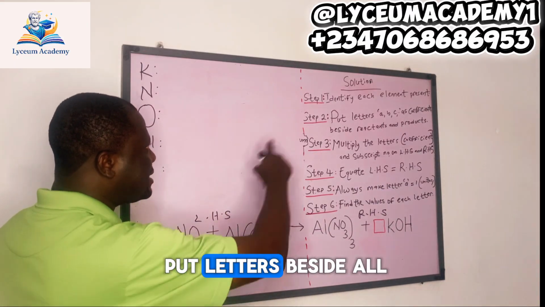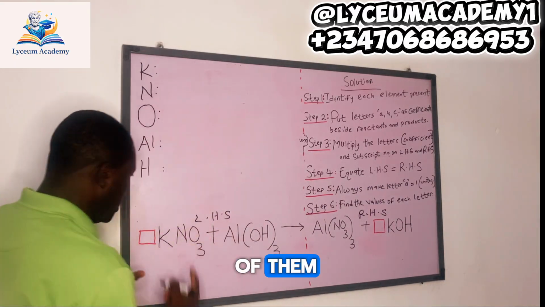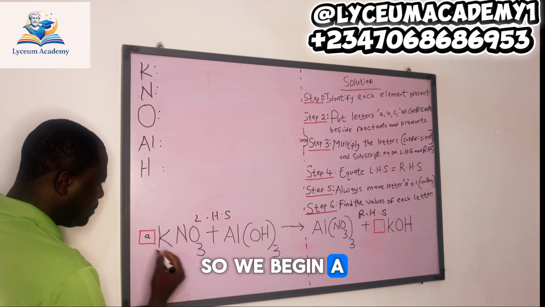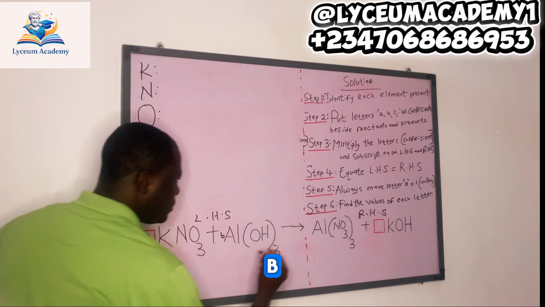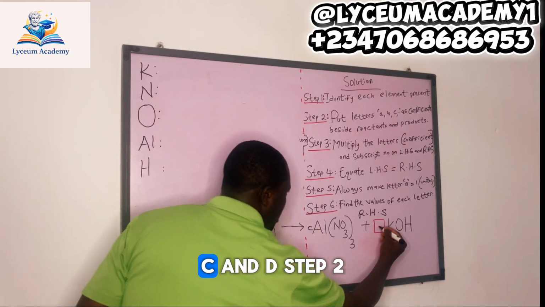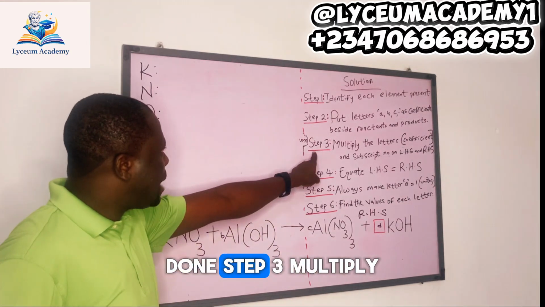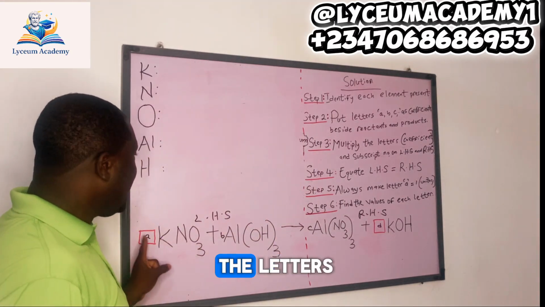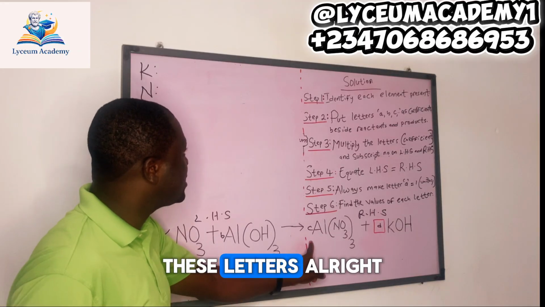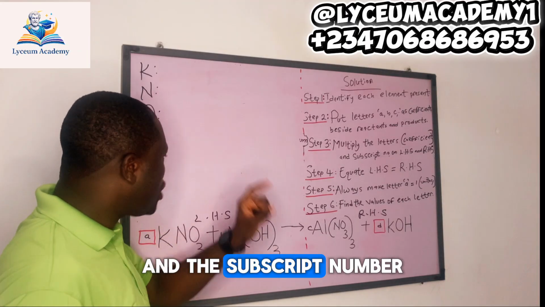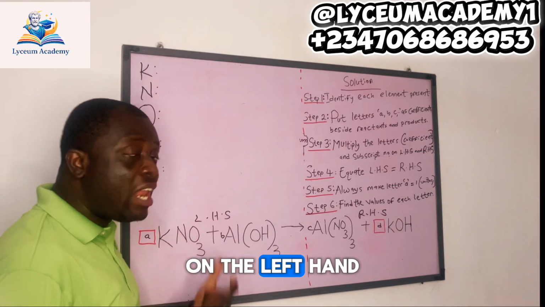So we have to put letters beside all of them. So we begin: A, B, C, and D. Step 2 done.